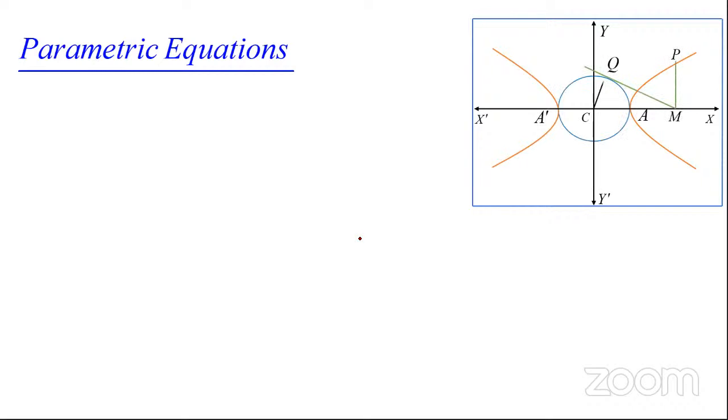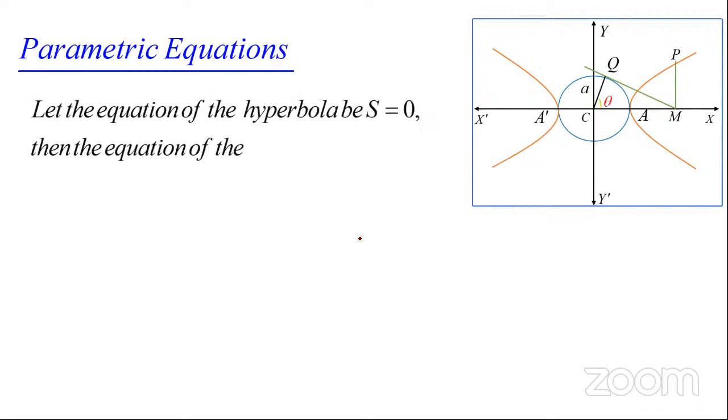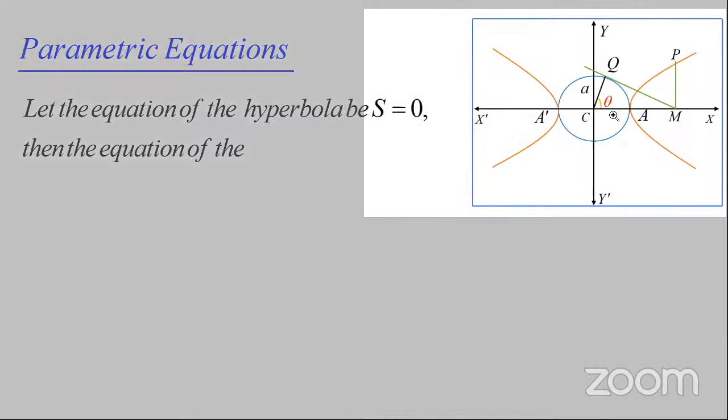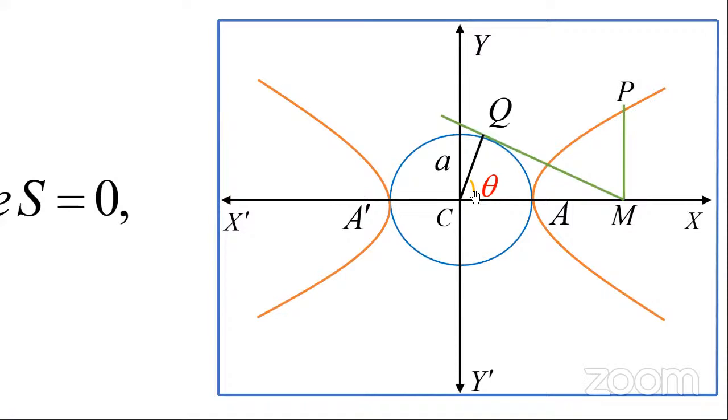So this is the figure which I'm taking. Please observe this figure. Here this is angle theta, and the radius is CQ. MQ is a tangent from M to the circle. MCQ is the triangle, and a point P lies on the hyperbola.